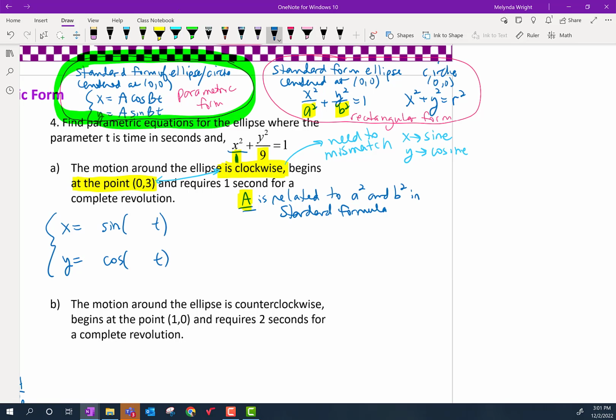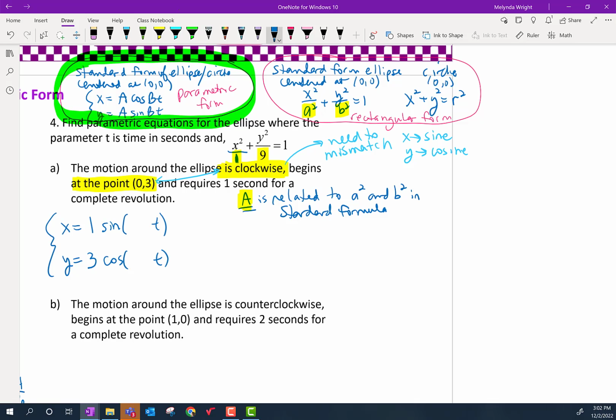So look at the number under the x. That's a 1. So the square root of 1 goes with 1. It goes with the x. It doesn't go with the sine. It goes with the x. Look at the number under the y. That's a 9. The square root of 9 is 3. It goes with the y. That's how I get those numbers. The numbers in front of sine and cosine come from the denominators of the standard form.